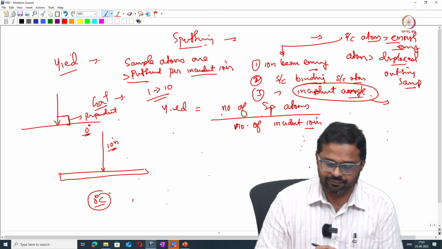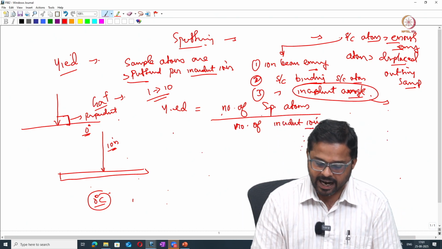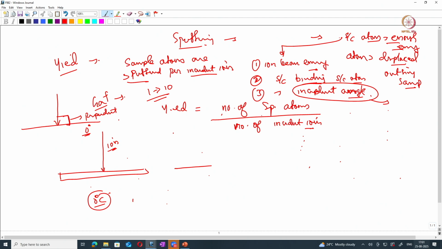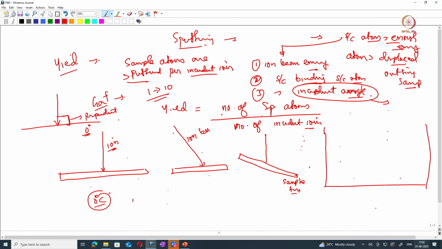Now, you can either tilt your ion beam, or you can tilt the sample, so that the ion beam is not perpendicular to the sample surface, and then your sputtering yield increases significantly.